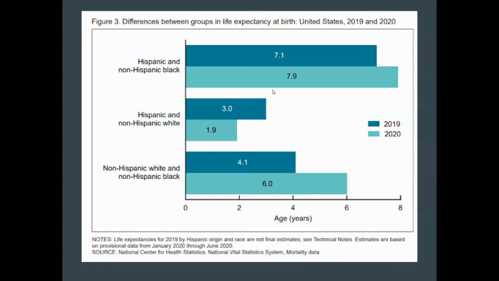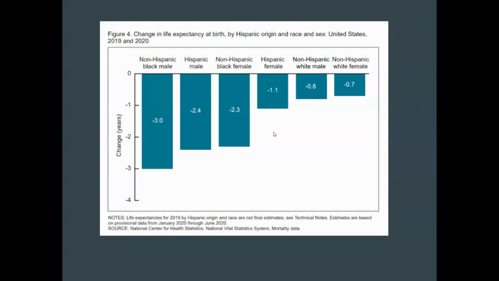We notice significant changes between these two years, 2019 to 2020. This is the one that we are dramatically concerned about. This drop is rather significant, and we have to evaluate that.